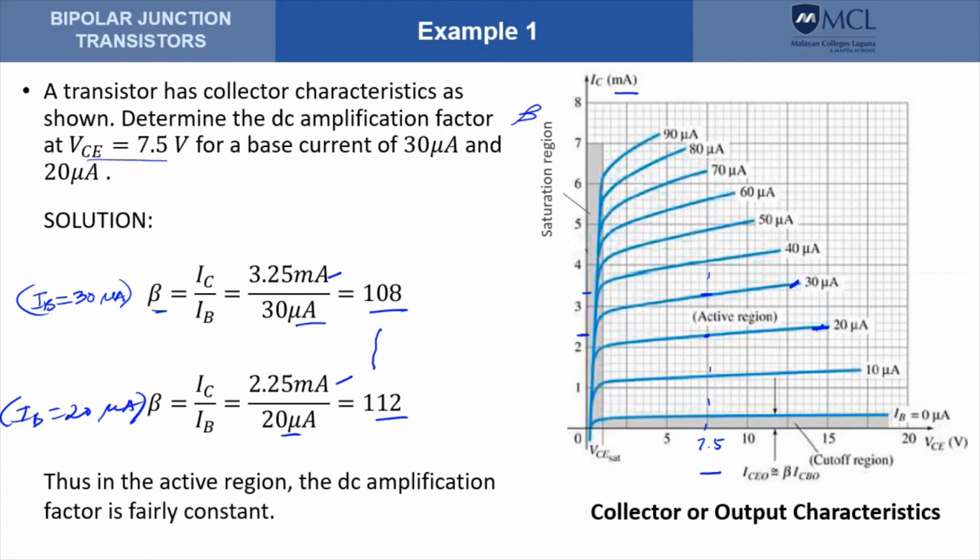So they are pretty close, and in an active region, the amplification factor is roughly constant, and sometimes affected by the temperature of the transistor.